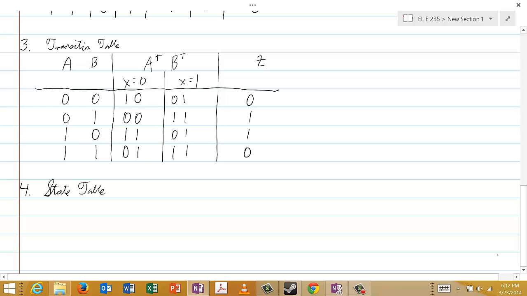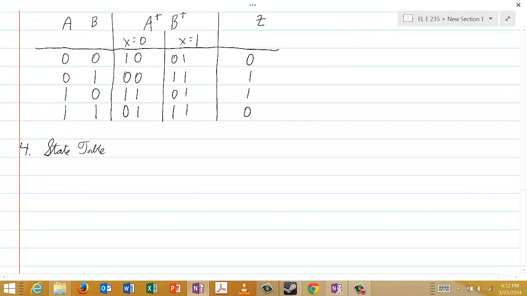The state table really has exactly the same information as the transition table, but we just write it in a more convenient format. What I mean is the following. Let's go ahead and we can have the same headings for our table. So we have A, B, A plus, B plus, Z, X equals 0.